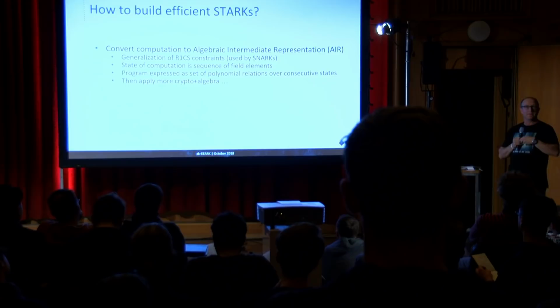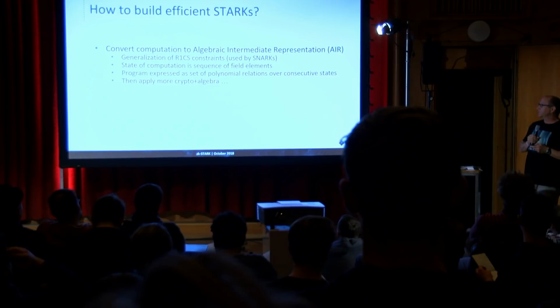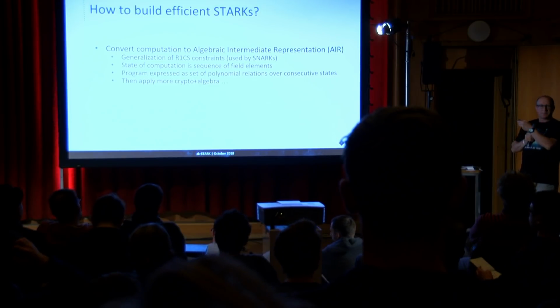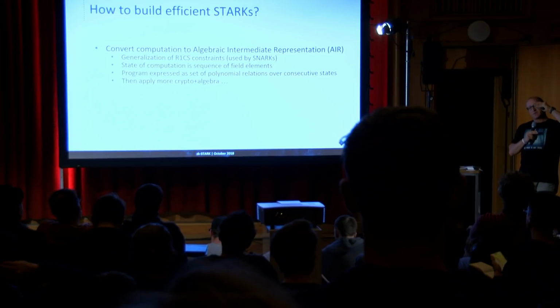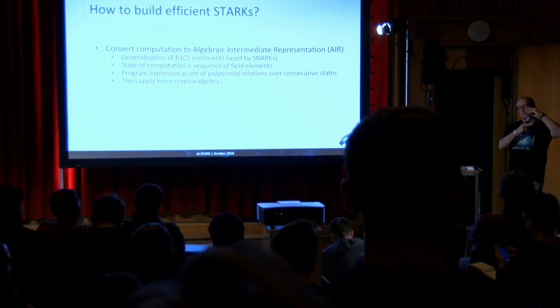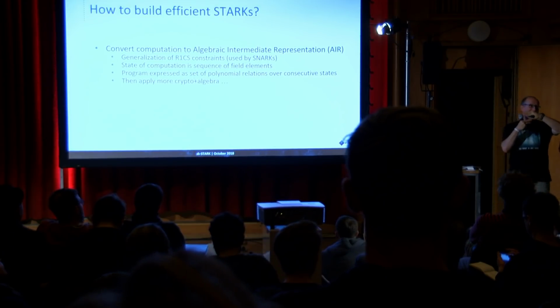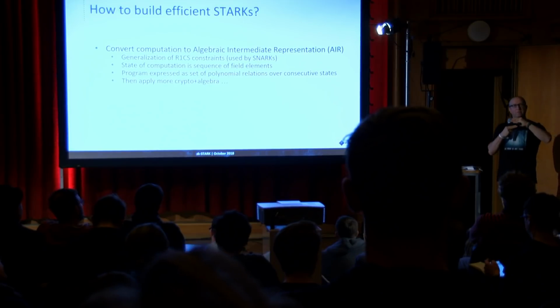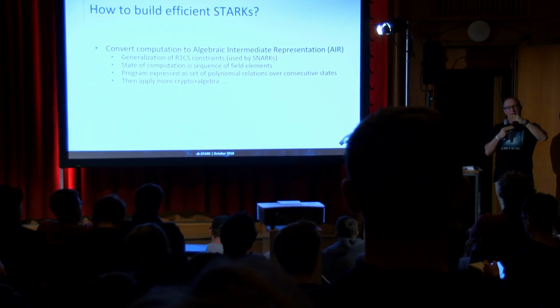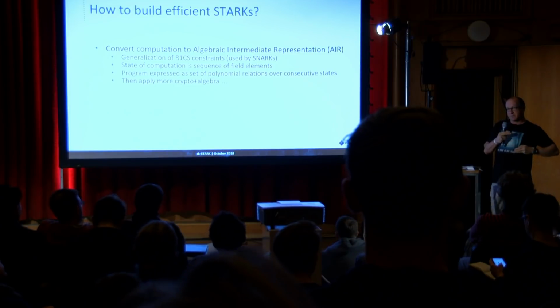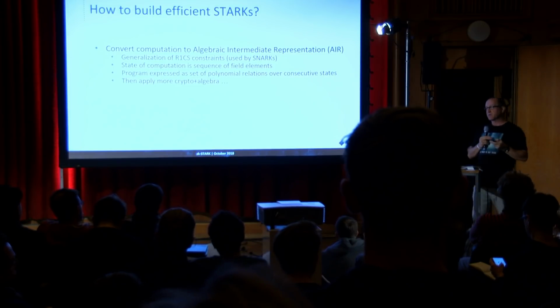It could be a prime field, it could be a binary field, it could be actually any finite field of your choice. And then we represent the program as a set of constraints on pairs of consecutive states. So if you go from state A to state B, whether this is a legal transition for the particular program you're working with, this will be defined by a set of constraints. And each constraint is a low-degree polynomial.